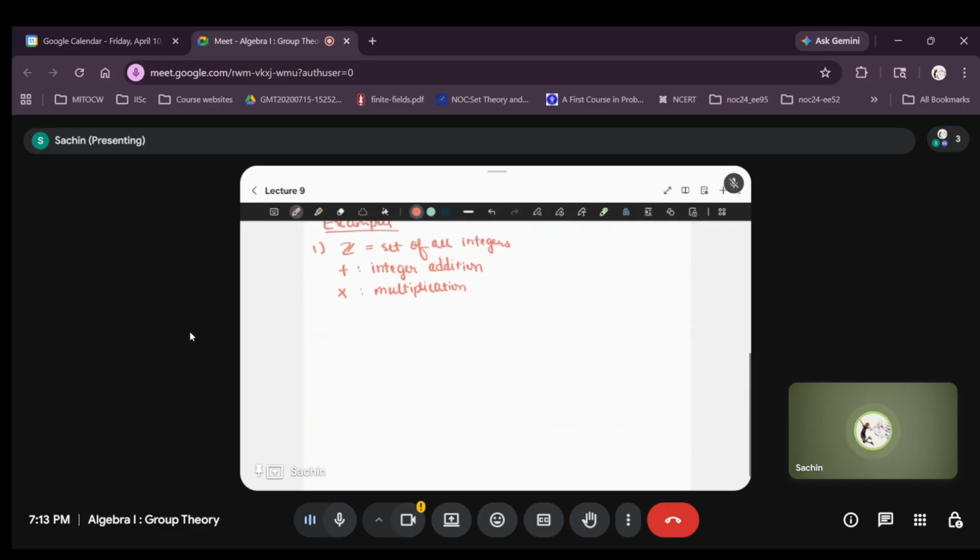We already saw in the group part that Z plus is an abelian group. And you can verify the other properties. For integers, these are just properties we know. We don't usually write the proof for this.